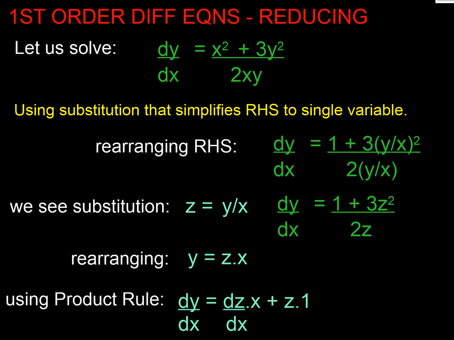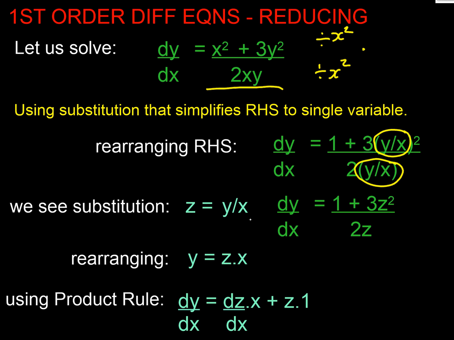Okay, here's our equation. On the right hand side, I'm interested in this side here, and we have to look at it and see what might work. And you can probably see here, if I divided top and bottom by x squared, I would end up with a new version of the right hand side where I would have a y over x on the top, so it would become 1 plus 3 y over x squared, and on the bottom I'd have a y over x, because the bottom would become 2 y over x.